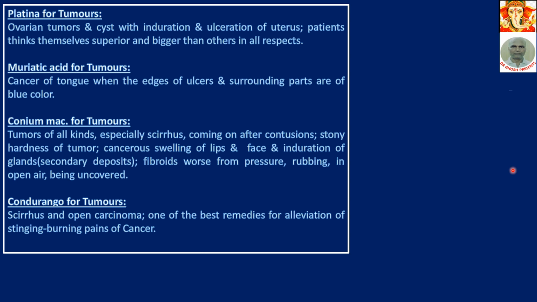Muriatic acid for tumors: cancer of tongue when the edges of ulcer and surrounding parts are blue color. Conium maculatum for tumors: tumors of all kind, especially scirrhous cancer, some type of cancer coming on after contusions. Stony hardness of tumor, cancerous swelling of lips, face, and induration of glands, secondary deposit.